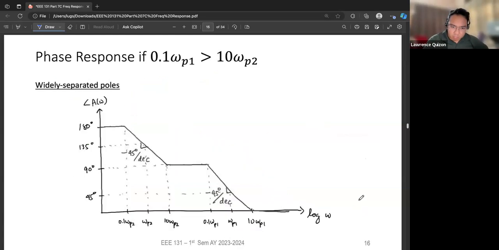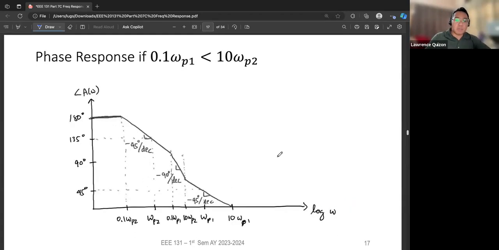Right. But it could also be that they're very far apart, in which case the contribution of ωP2 ends completely before the contribution of ωP1, but still, it's a total of 180 degrees minus 180 degrees at the end, which is 0. It could also be that both poles have an influence that overlap.